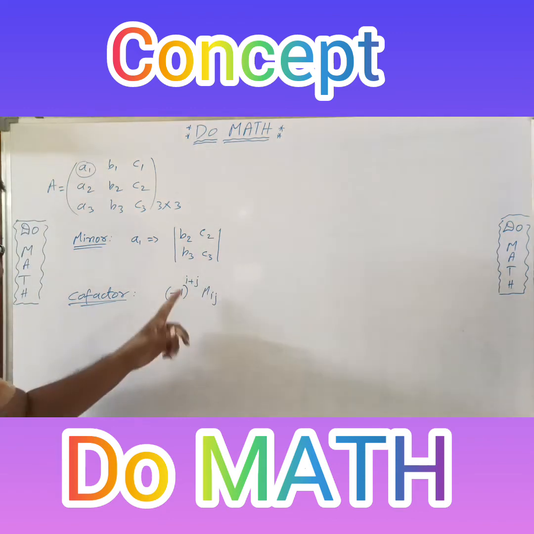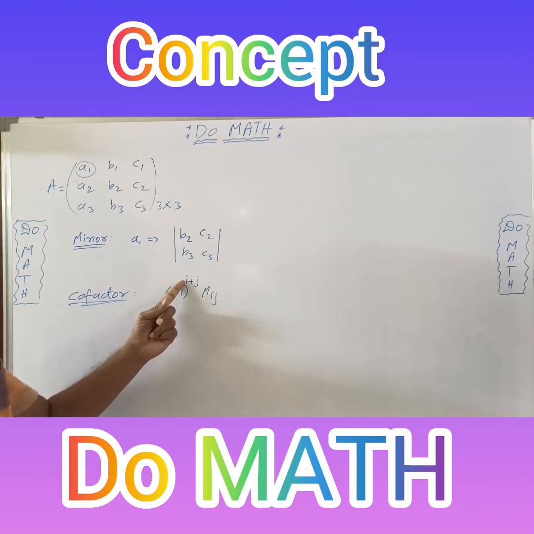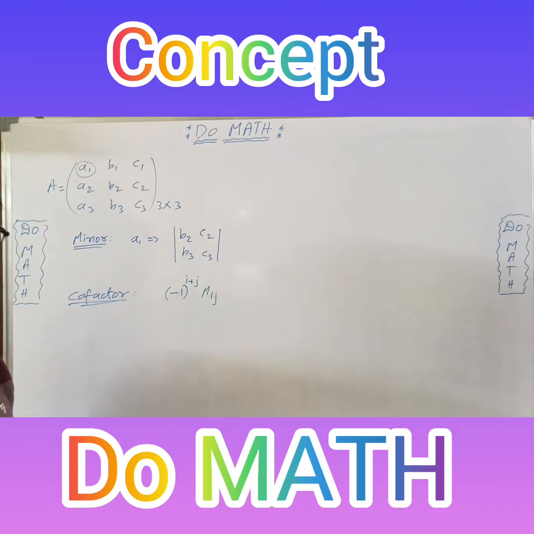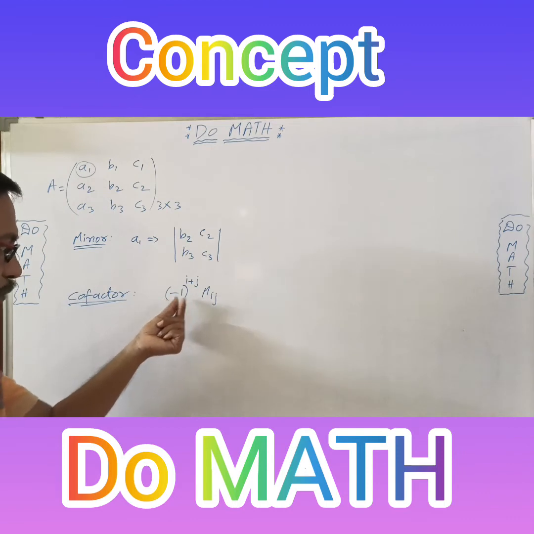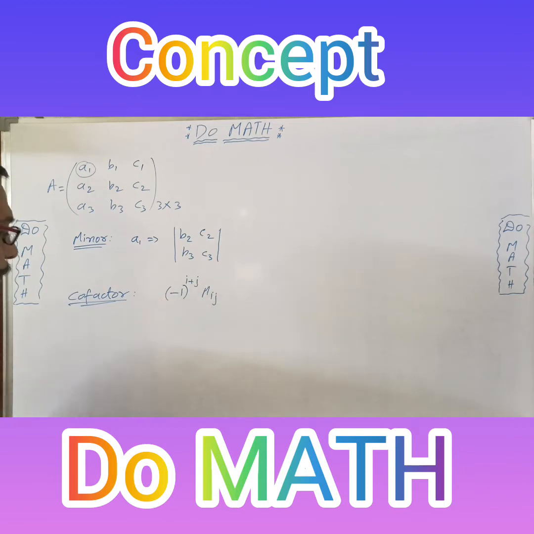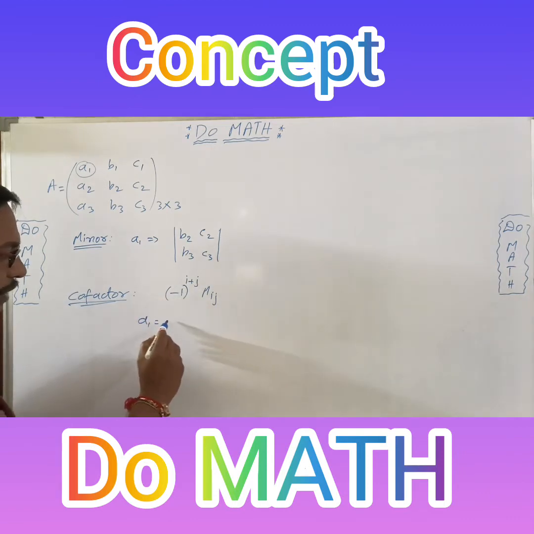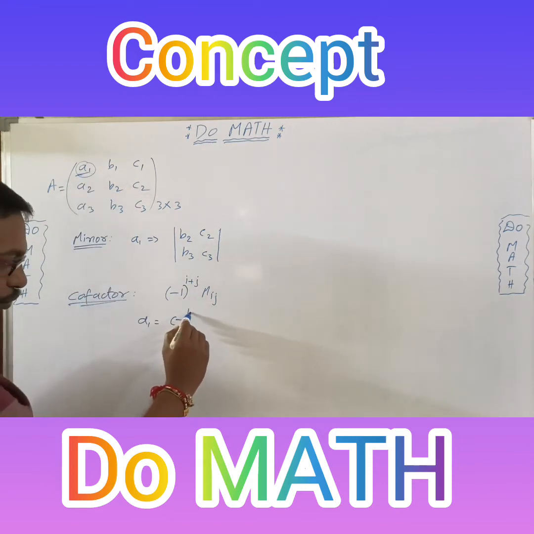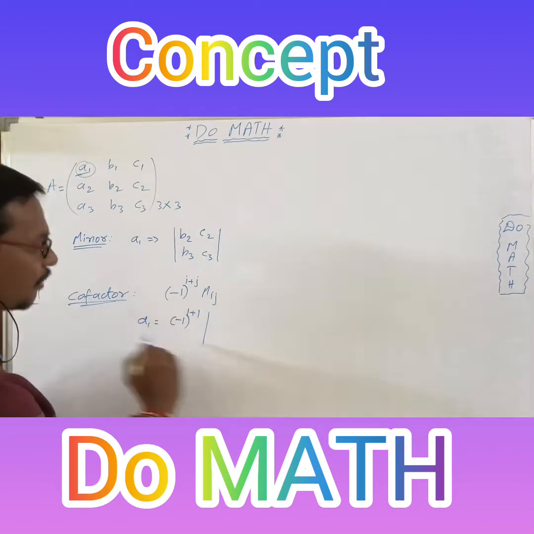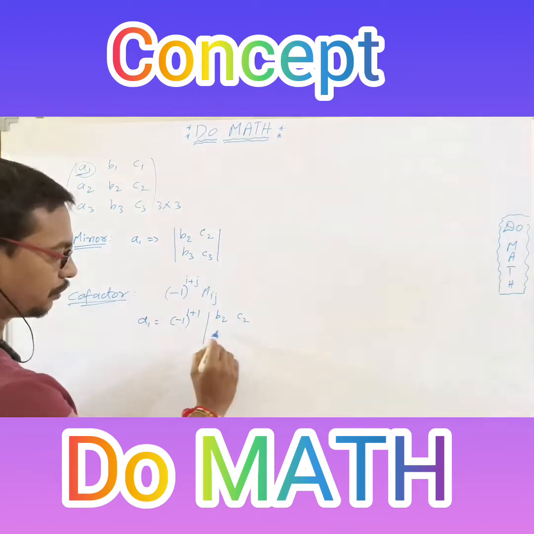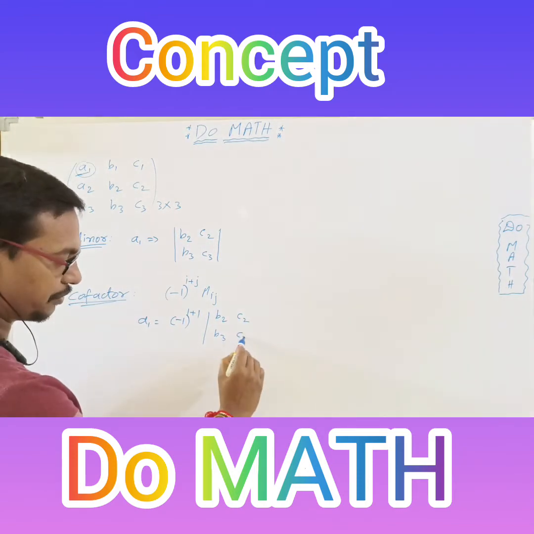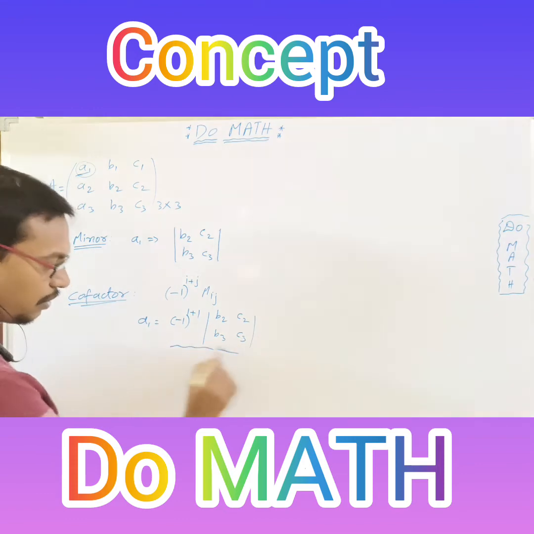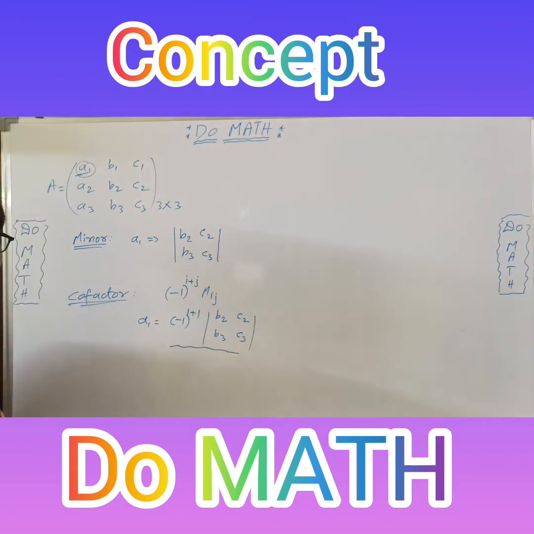That means i represents the row number and j represents the column number: minus 1 power i plus j into Mij. Now the cofactor of A1: A1 lies in the first row and first column, and its minor value is the determinant of B2 C2 and B3 C3. So this is called the cofactor of A1.